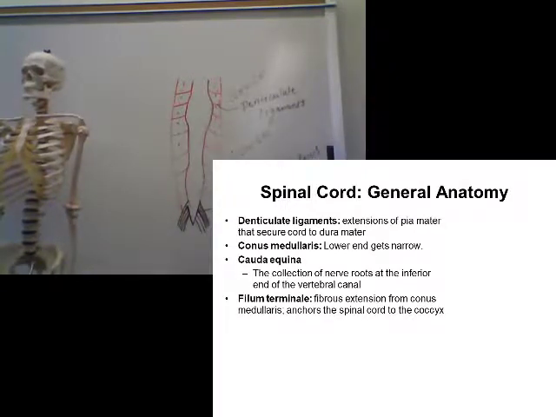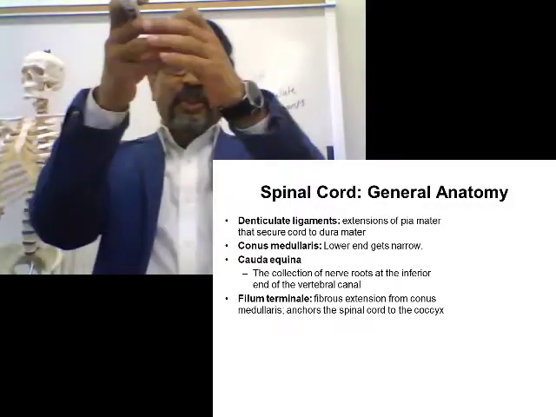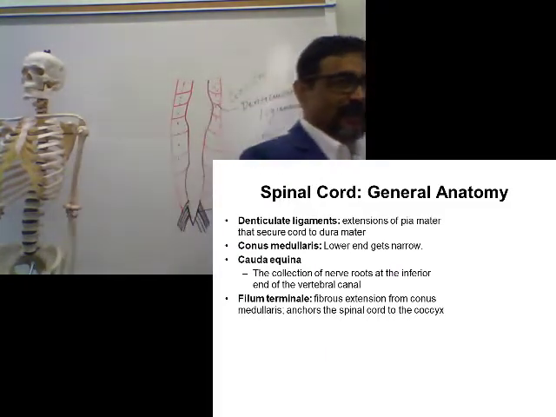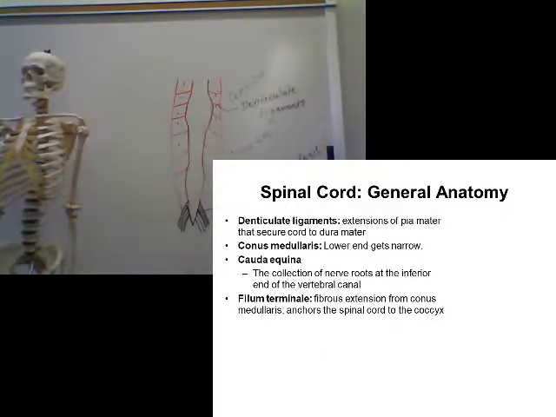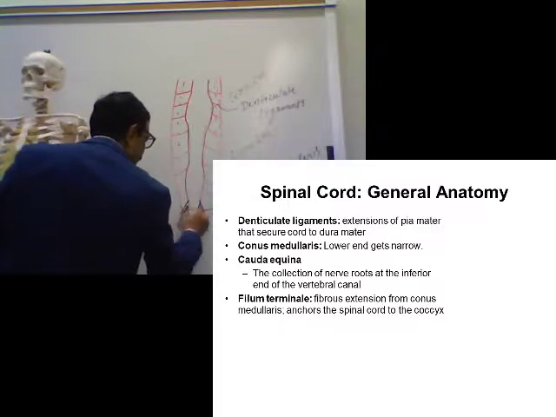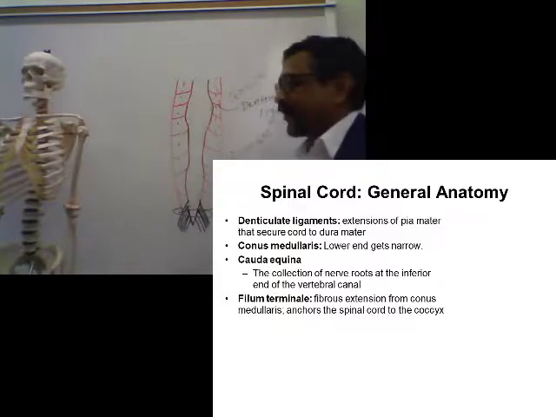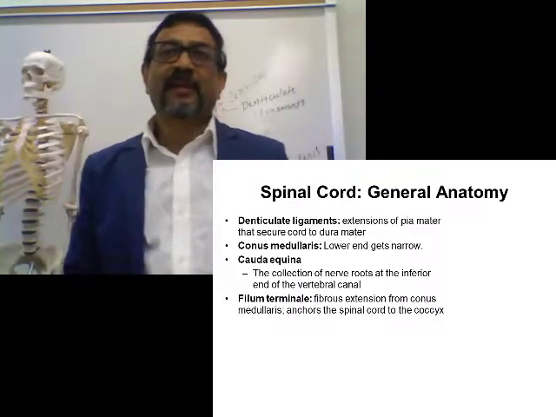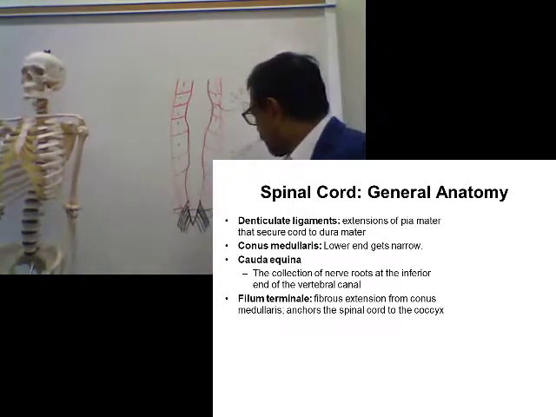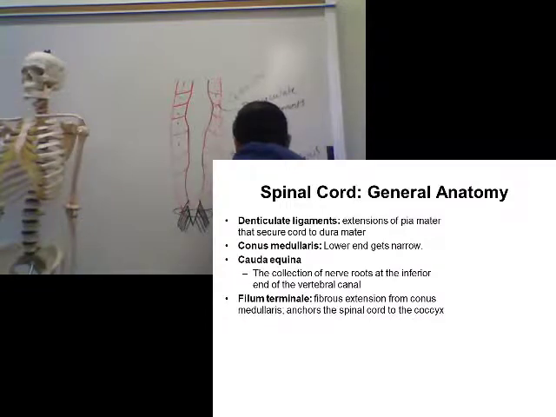And it looks like a horse tail, the tail of a horse. I don't know if you have seen that, a horse tail, like a bunch of nerve roots. And that horse tail like bunch of nerve roots is called the cauda equina, which means horse tail.